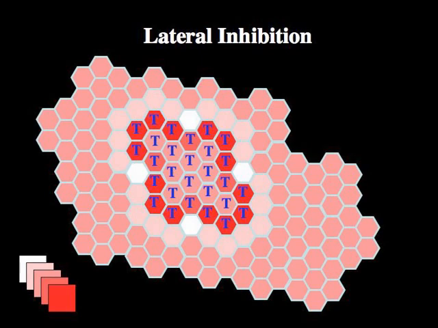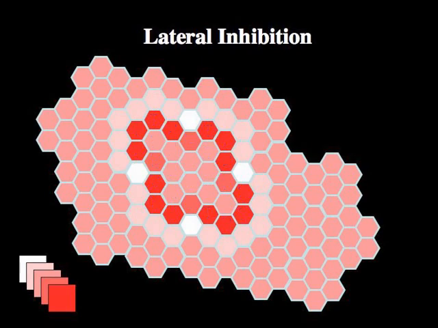It's being facilitated because it's being stimulated, but it's also being inhibited by all those around it. This one here is being stimulated and so facilitated but inhibited by every receptive field around it. This one here is not being stimulated and is being inhibited by stimulation from 3 adjacent receptive fields.